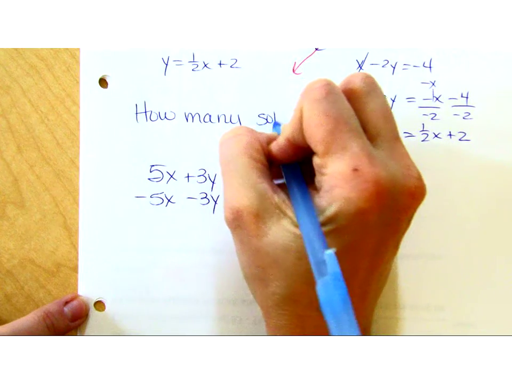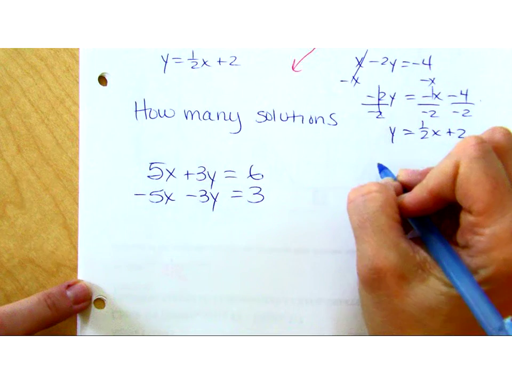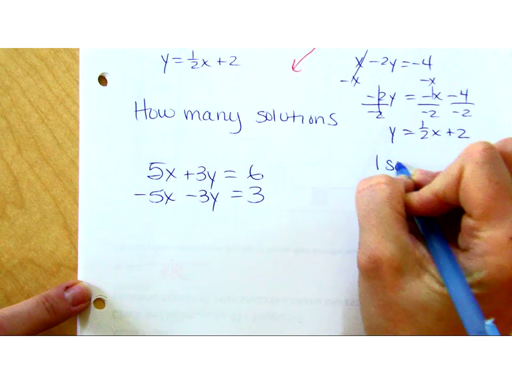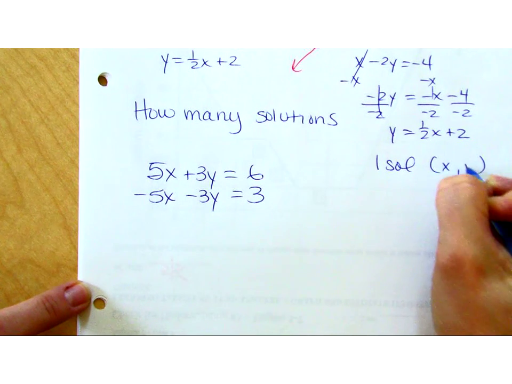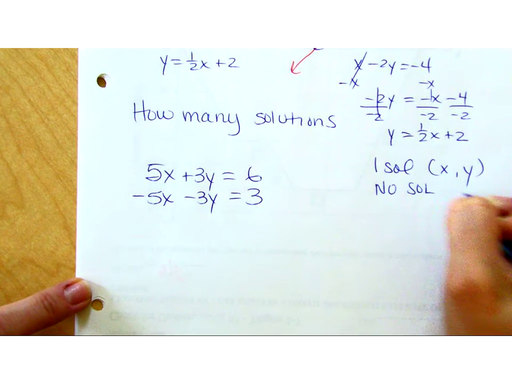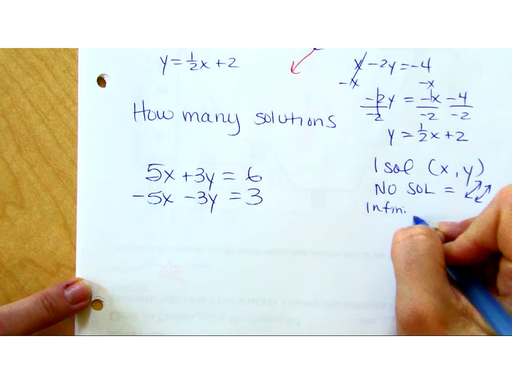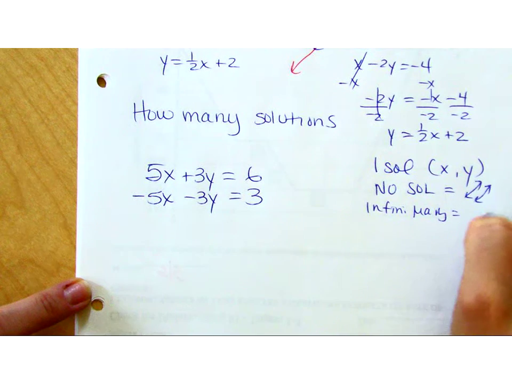How many solutions? You have 3 choices. There's either one solution and they meet at an actual point. There's either no solution because they are parallel, or there's a bunch of them. Actually, more than a bunch. Infinitely many. Same line. Those are your only 3 choices.